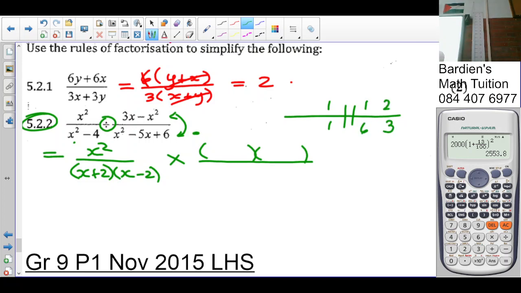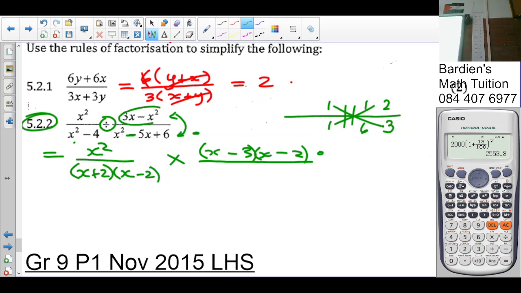Do we add or subtract the products? Add. So 3 plus 2 is 5. So x and an x, a 3 and a 2. What about our signs? Same signs, but in this case both are going to be negative, since it takes the sign of the middle term.